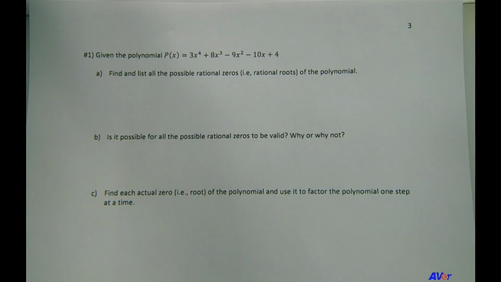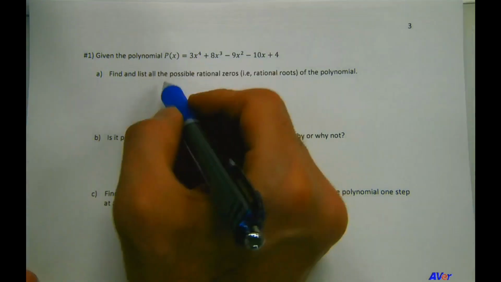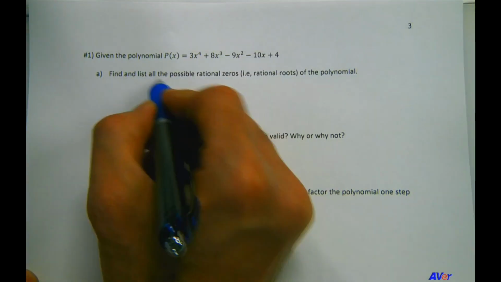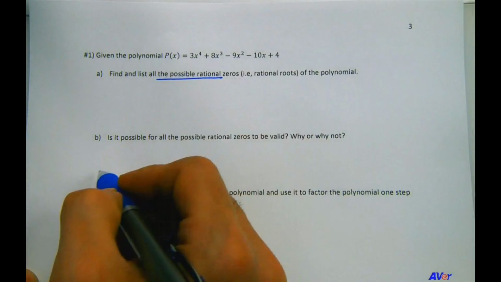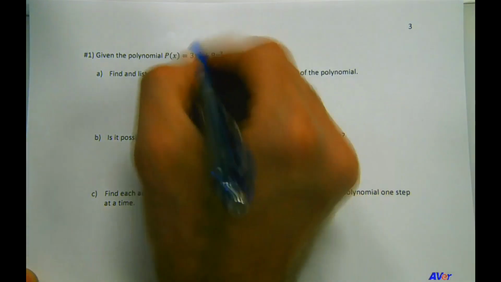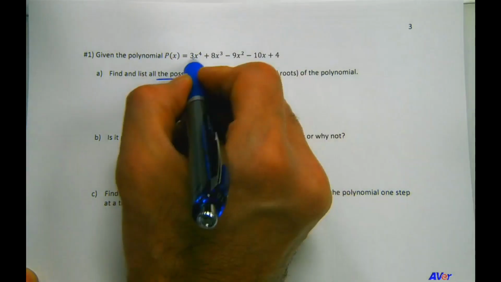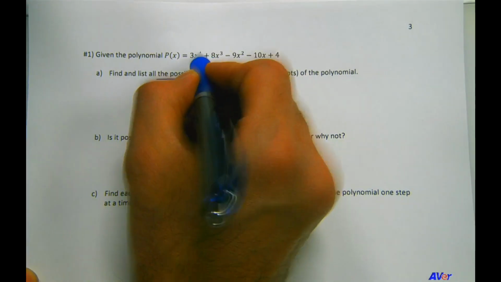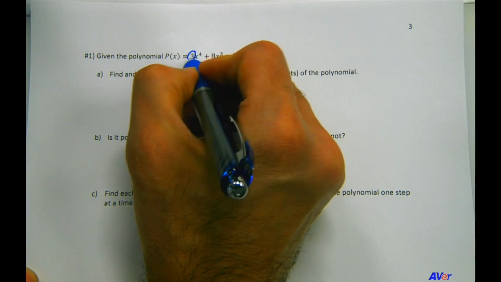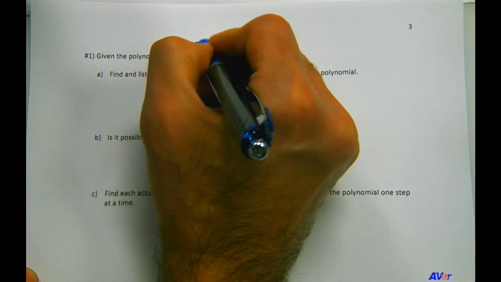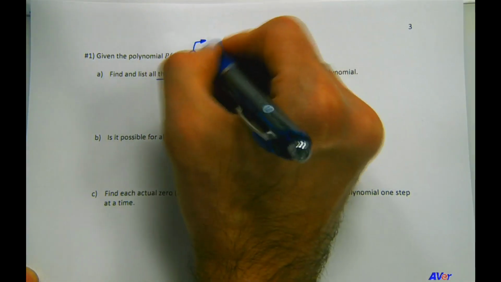concept is. Okay, so here in this example, it says find and list all possible rational zeros of this polynomial. Well, the leading term in this polynomial is x to the 4, right? And the coefficient of that is positive 3.